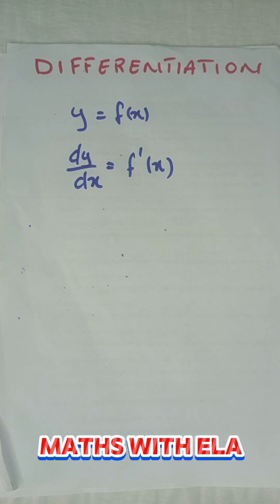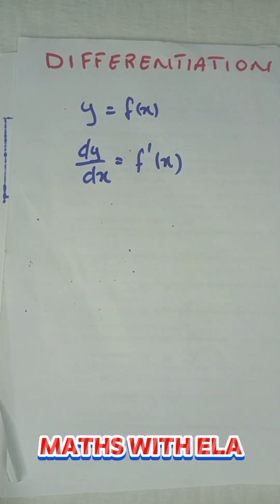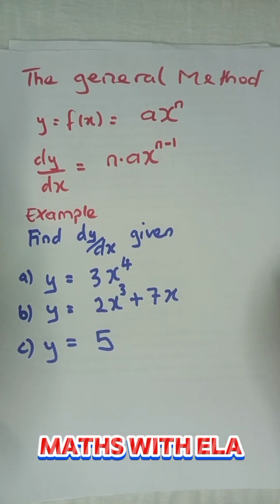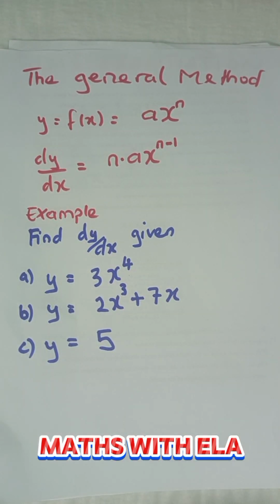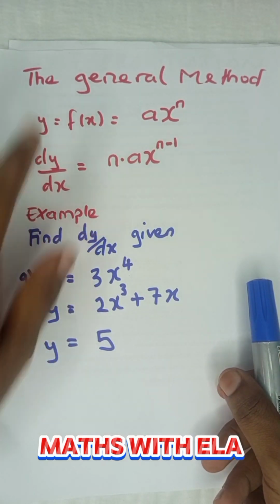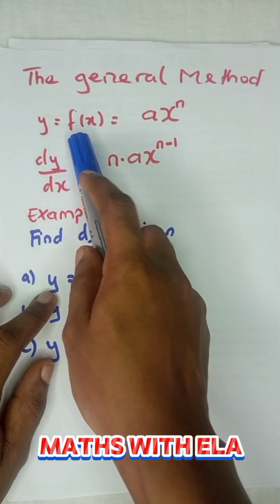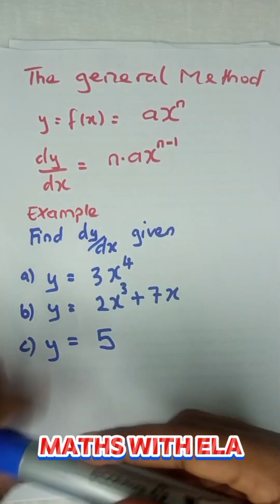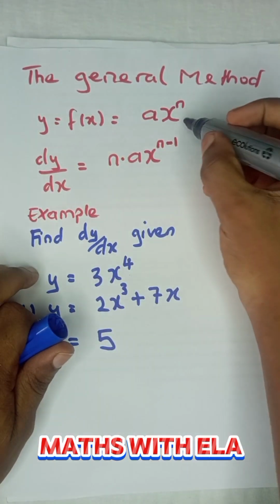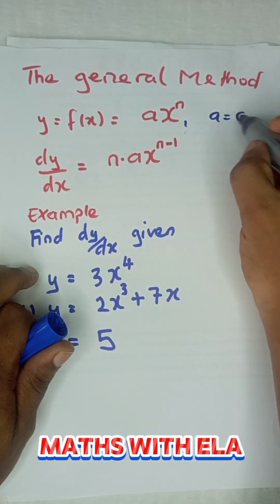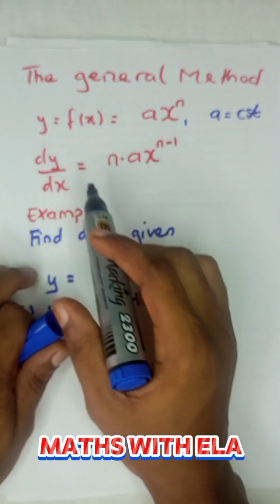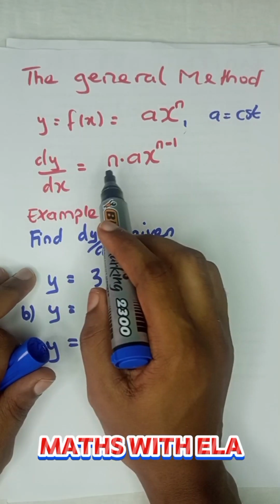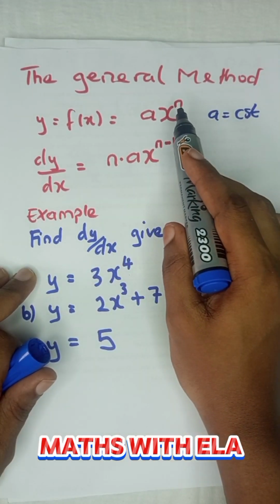Now we go straight away, without wasting so much time, to look at the different methods of differentiation. The first method we have here is the general method. That is, if we have y given as a function of x as a x raised to the power n, where a is a constant, then dy by dx, or differentiating y with respect to x, will just be equal to the power of x.